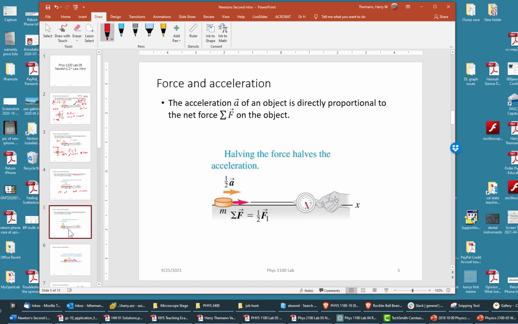And if we have 1/2 F1, it gets you 1/2 A1. So that's directly proportional. F increases, A increases. F decreases, A decreases. And in direct proportion just means the same proportion.